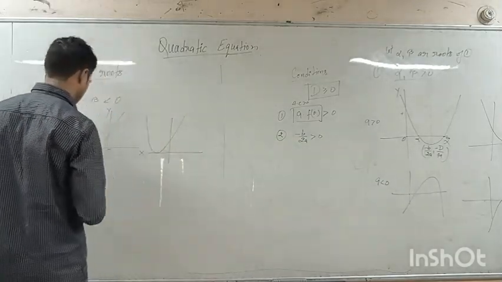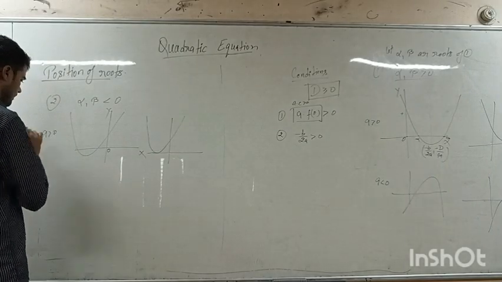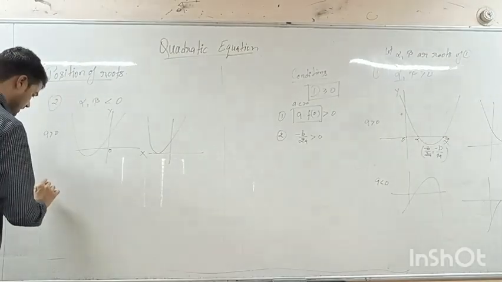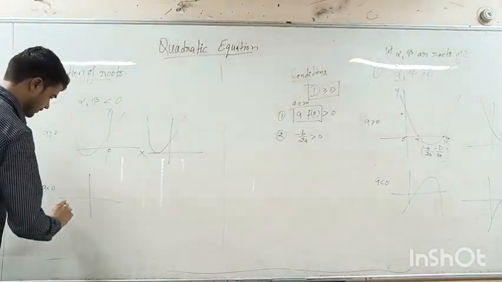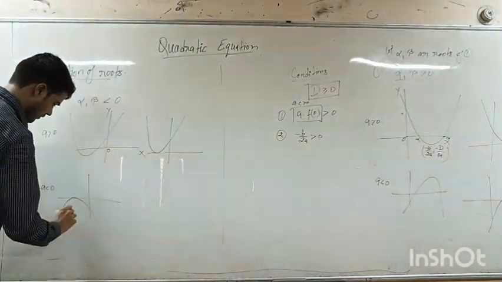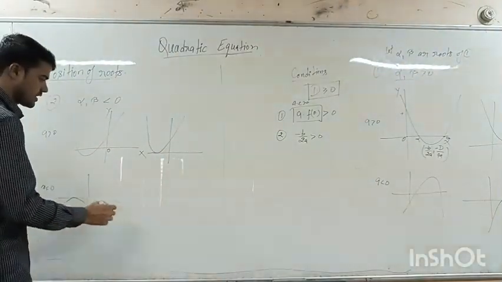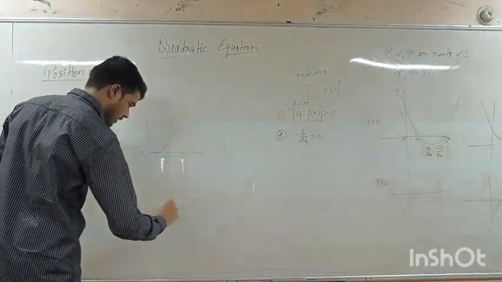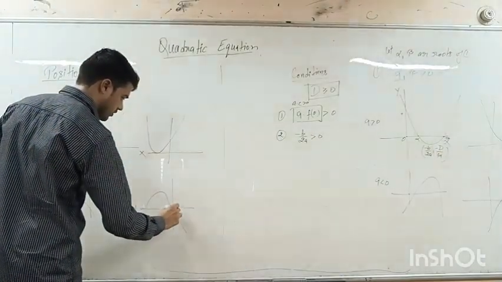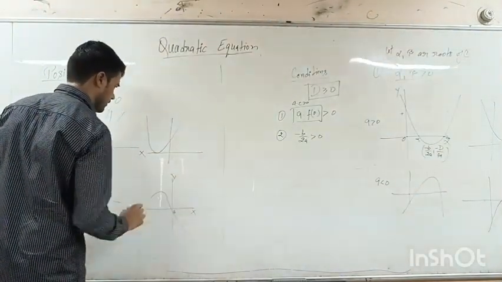If a is greater than 0, okay, and if a is less than 0, then the graph will be like that if the roots are the same, or it can be like that if the roots are different.